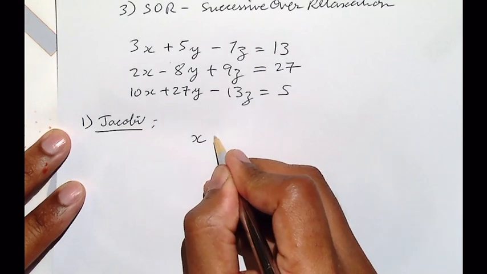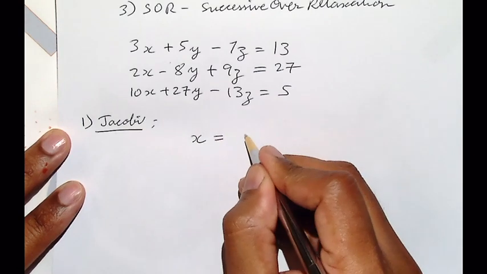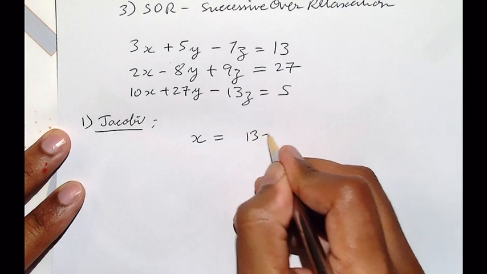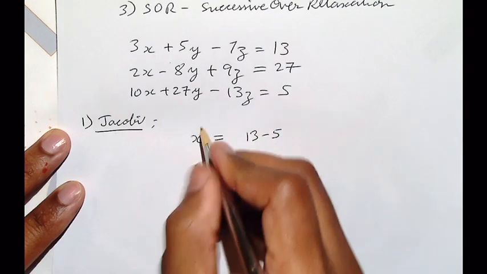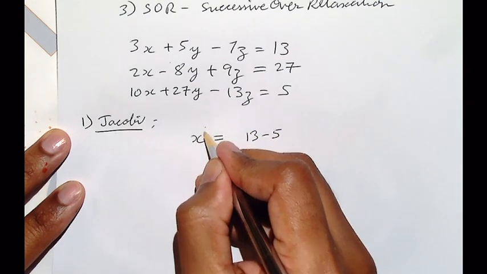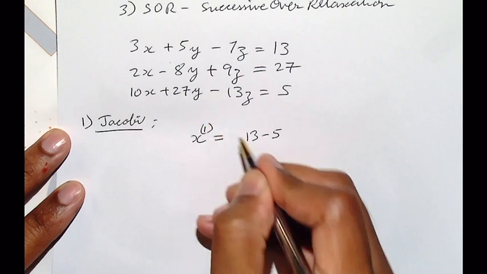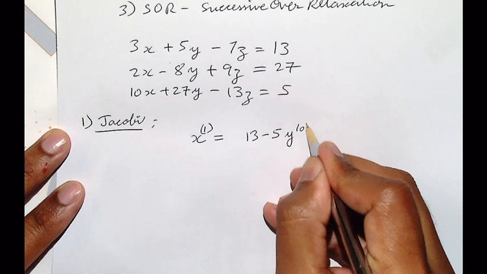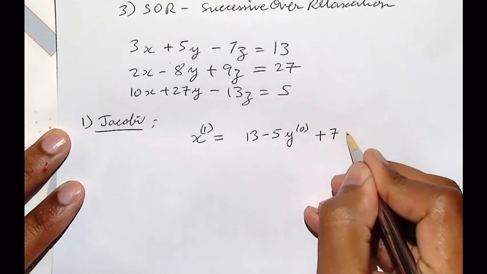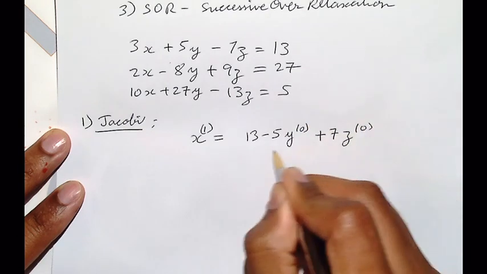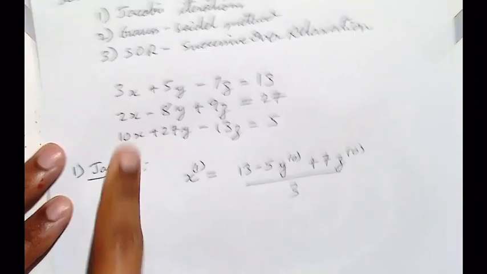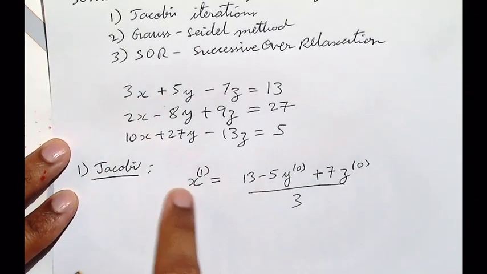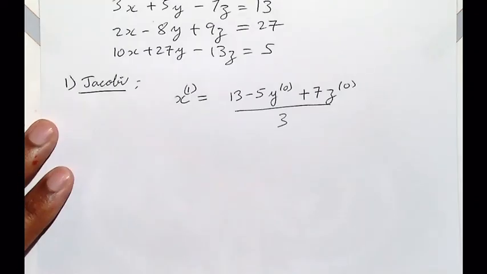So let me rewrite them: x at iteration number 1 is 13 minus 5 y at 0 plus 7 z at 0, divided by 3. Okay? So I've just taken things to the right hand side, except the variable I'm interested in.